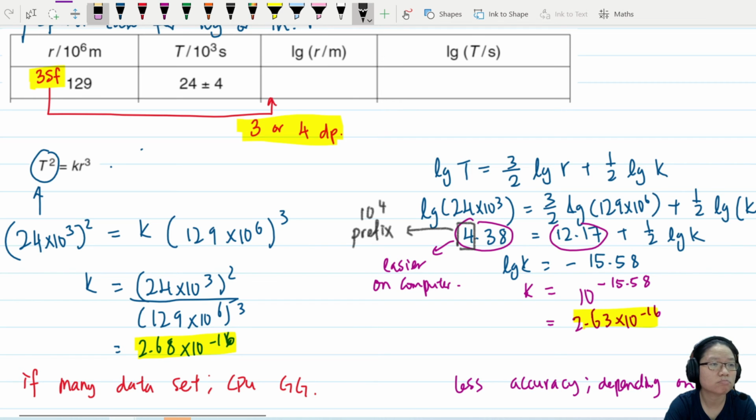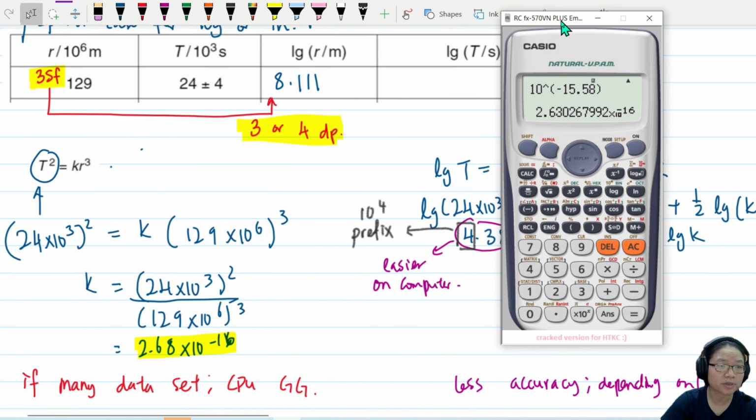All right. So here, this 129, I will press log again. I just want to press my calculator, 129 times 10 to the power of 6. Hang on. This will be 8.1105. So I can write 8.111, or I can write 8.1106.